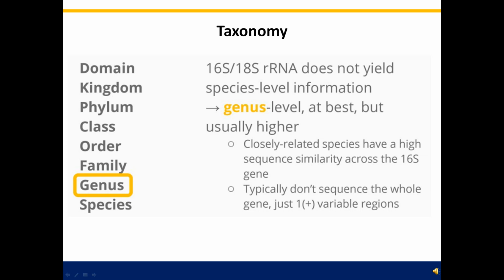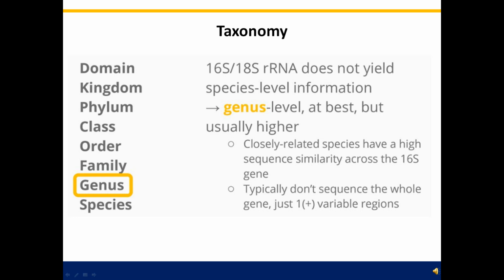In general, it is said that 16S and 18S rRNA genes do not yield species-level information, but we can arrive up to the genus level. So for genus-level identification, the 16S and 18S rRNA are very important. Genus level is often considered best, so the organism can be easily identified.